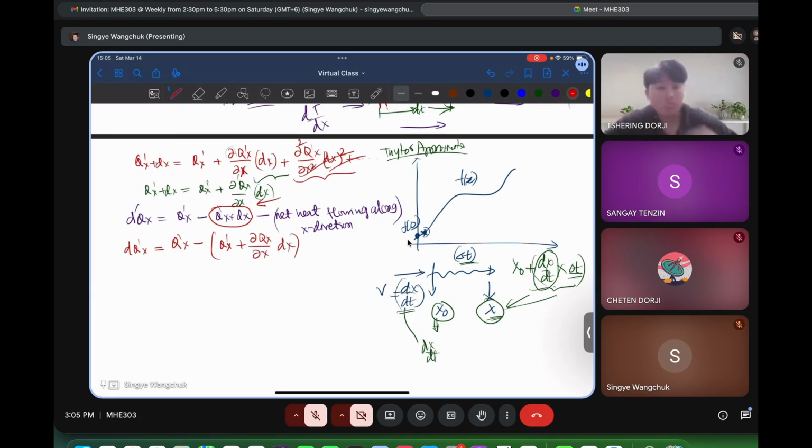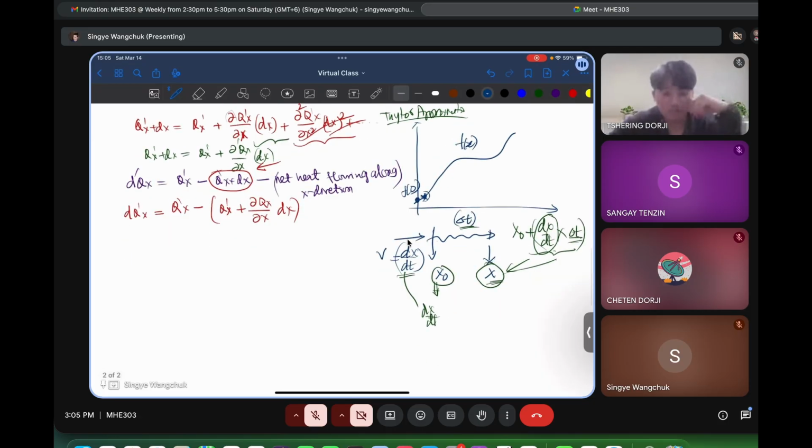So from here you can see that this will get cancelled off and you will get dq' x equals minus of dq' x upon dx times dx.